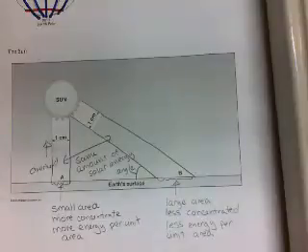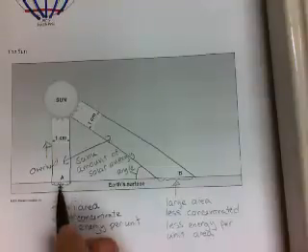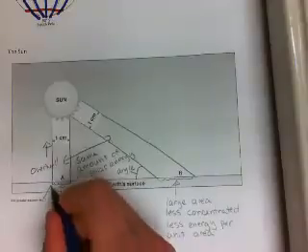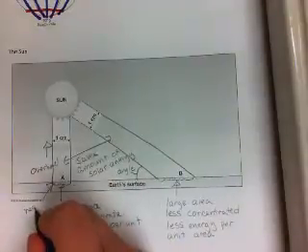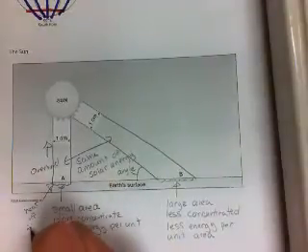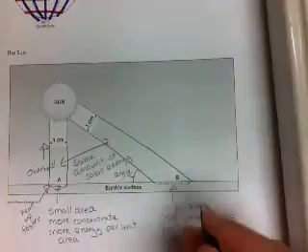I'll give you a moment to pause the video to answer the question. Think about it for a second. It turns out because the energy is more concentrated at A, A will heat up faster than B will.